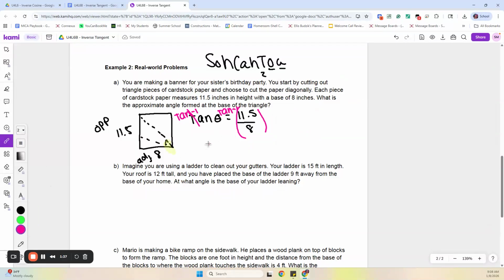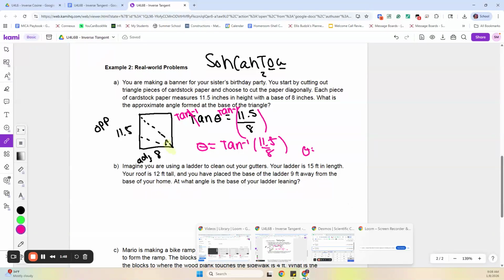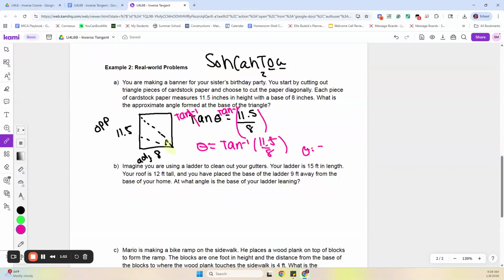Here, I'll set this up. Tan inverse of 11.5 over 8 is, what was it, 55.2? Yeah. 55.2 degrees.